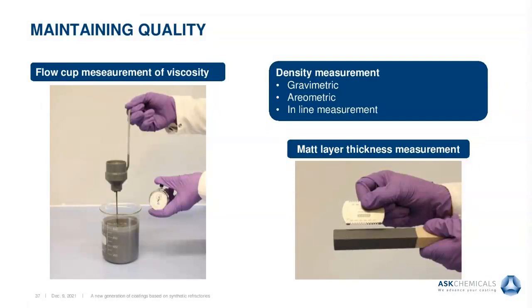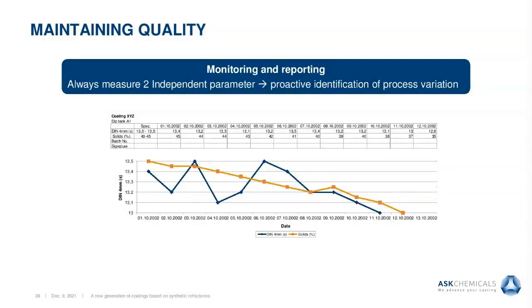And at least the foundries might really need 2 measurements, like one solid or one viscosity measurement, to be able to control that the balance of the coating is stable and still working.